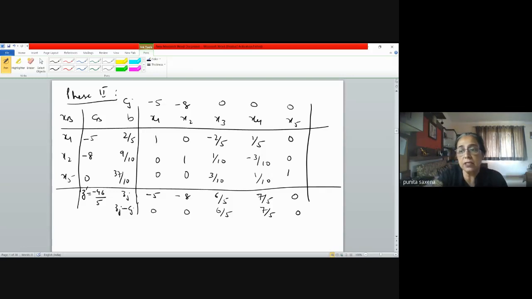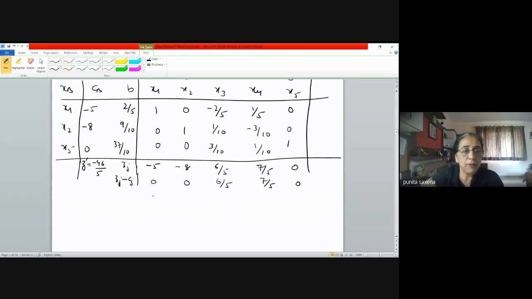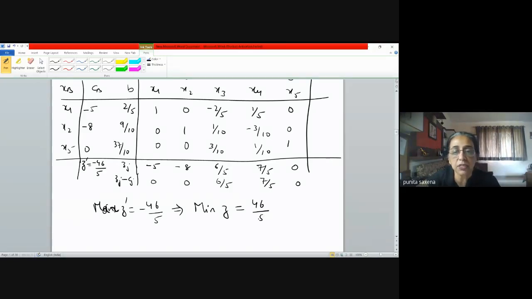In this case, since we have reached optimality, my problem has a solution where maximum Z dash is minus 46/5, and therefore minimum Z will be minus of this, which is nothing but 46/5, with solutions x1 equal to 2/5, x2 9/10, x3 0, x4 0, and x5 37/10.